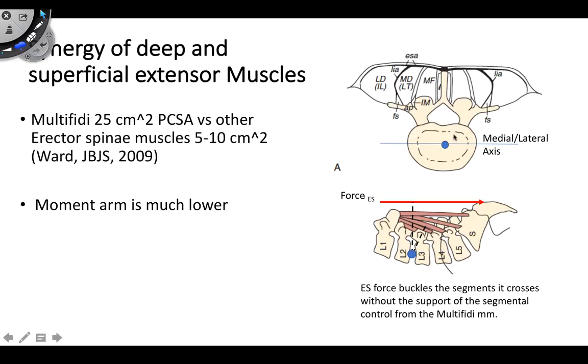First, we'll start with anatomy, and we have the medial lateral axis for a motion segment drawn in here through the vertebral body, and then the muscles in this space between the spinous process and the transverse process. And we have iliocostalis lumborum lateral, the longissimus thoracis, and then the multifidi muscle, and then the aponeurosis of the erector spinae superficially.